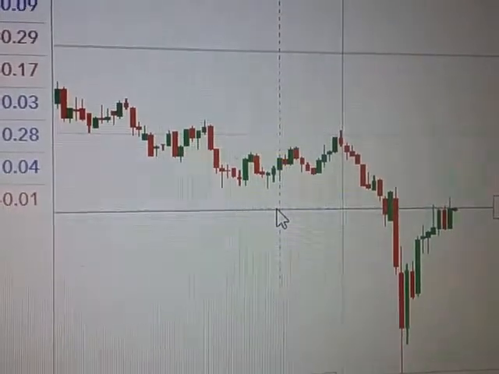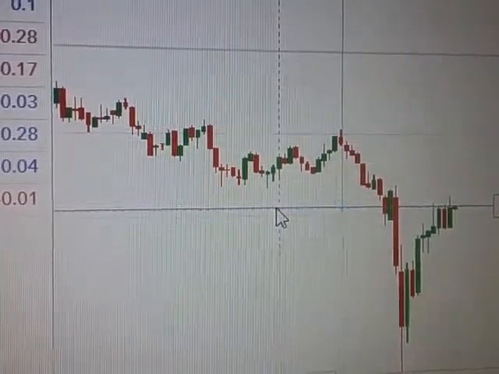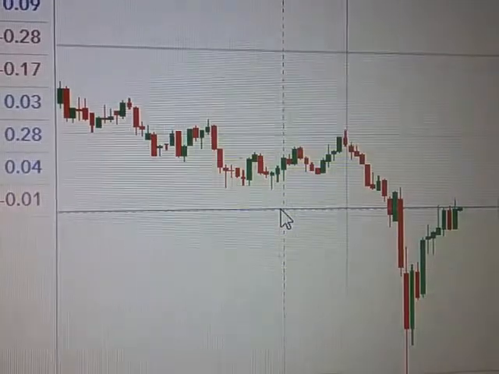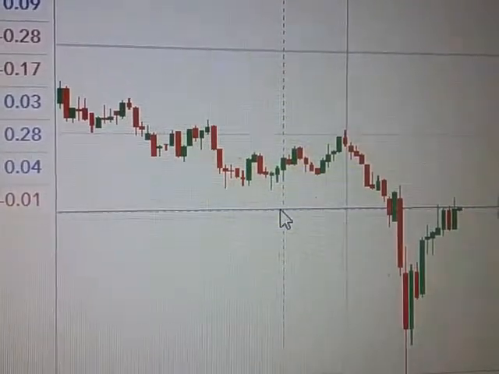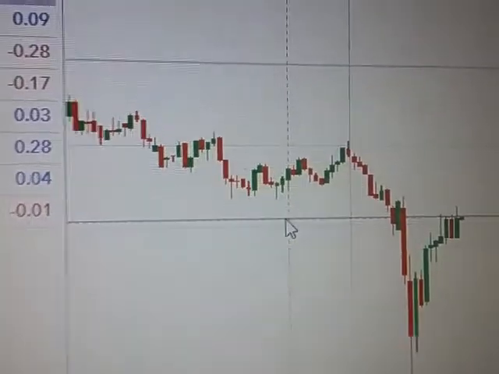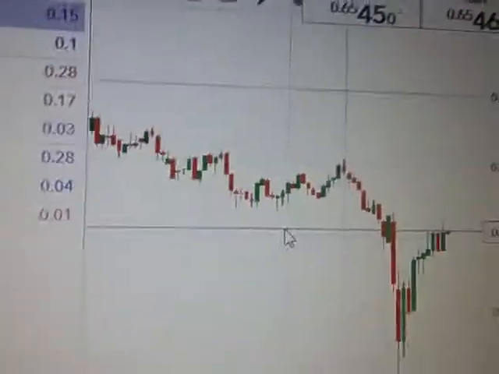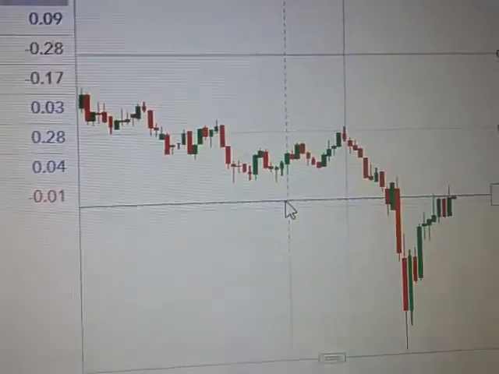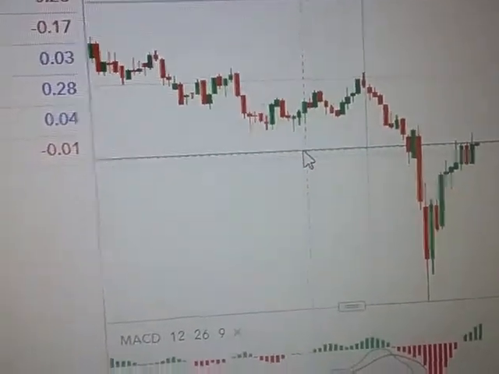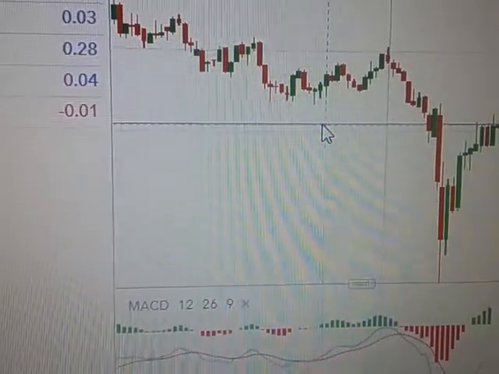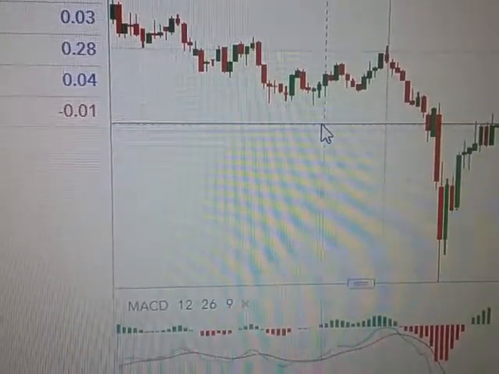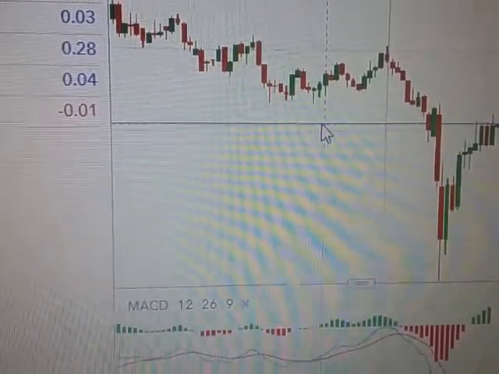This is where traders like to get in on the ground floor, and this could be a ground floor. Let me see if I can get this down. Is this a ground floor? It looks like it. And sometimes if you get on the ground floor, I don't know. I would need more of a signal.